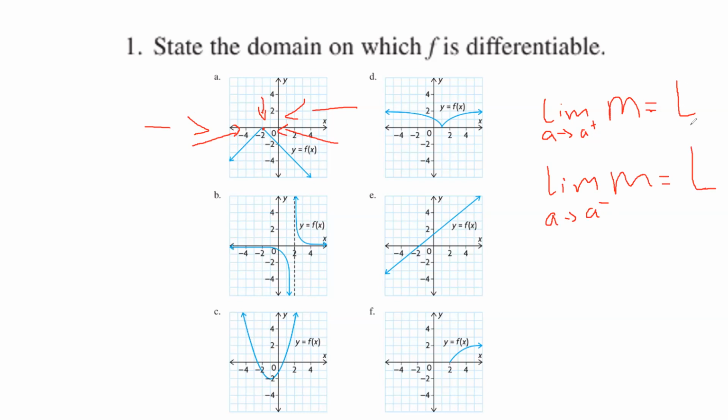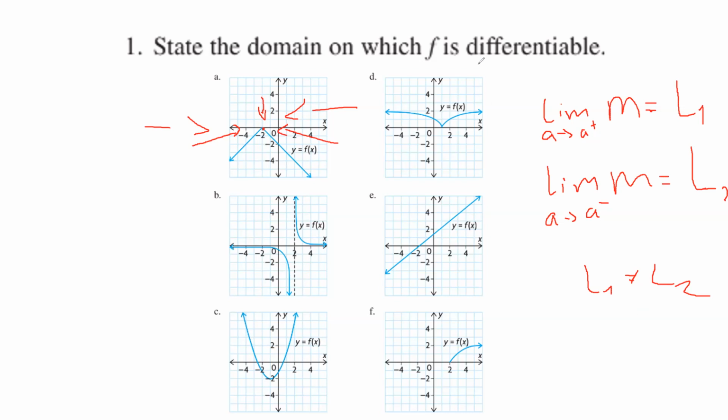If L1 and L2 are not the same, then the function has no limit at the point and is not differentiable. So for the derivative to exist, the function should have a limit at a point, and the limits from the left and right side of this point should be the same. So the first one is differentiable.